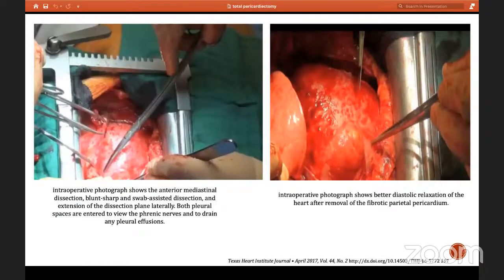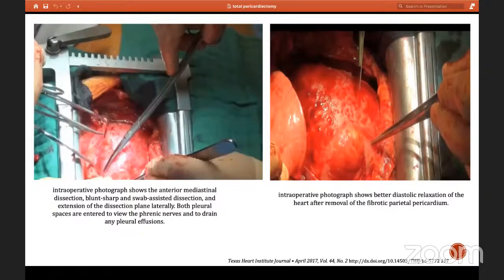This intraoperative photograph shows the anterior mediastinum dissection with blunt and sharp dissection with scissors and swab-assisted dissection. We have extended the dissection plane laterally up to the phrenic nerve. Both pleural spaces are entered to view the phrenic nerves and to drain any pleural effusion.